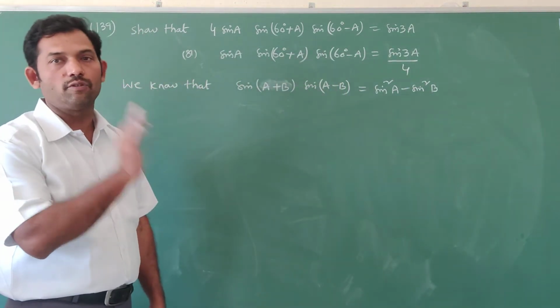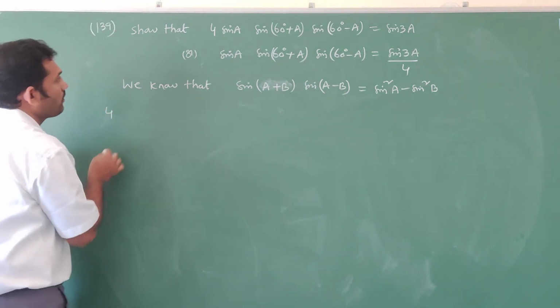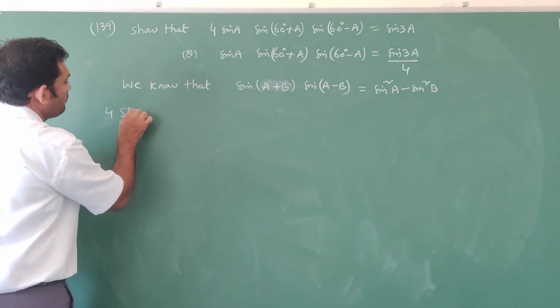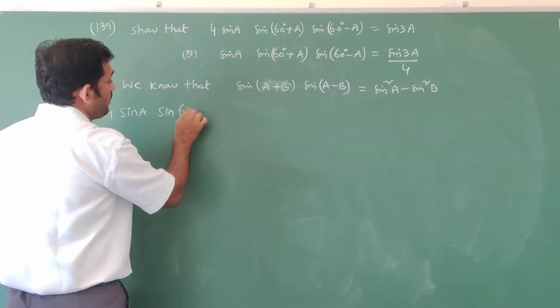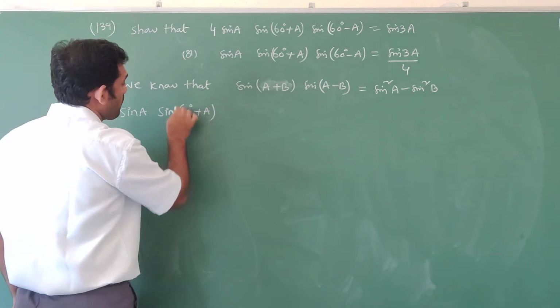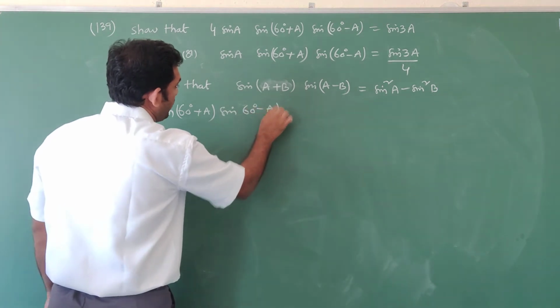Using this one we have to solve. Take the LHS: 4 sin A sin 60 degrees plus A sin 60 degrees minus A.